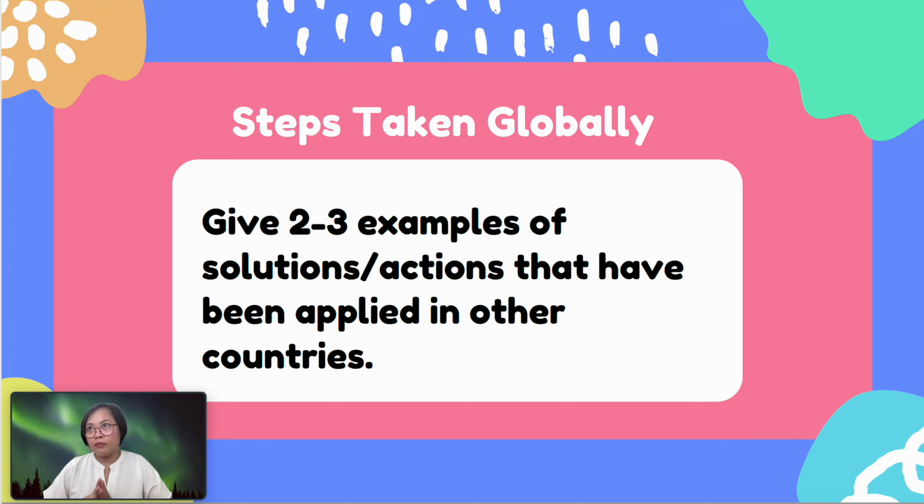Don't choose from the same country or from the same continent, because it's not varied, right? In research, we need to make sure that the scope is wider as much as possible. So make sure that the examples are varied.